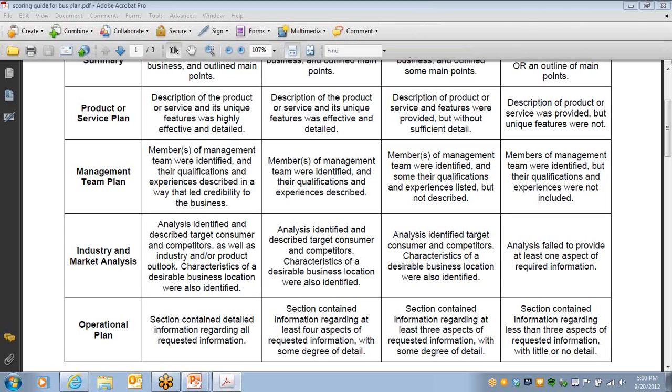I didn't put anything in here about illustrations. That's totally up to them. If they have charts or graphs that they want to put in there, that's up to them. I know sometimes we can get hung up on making things pretty, and then we lose some of the content.